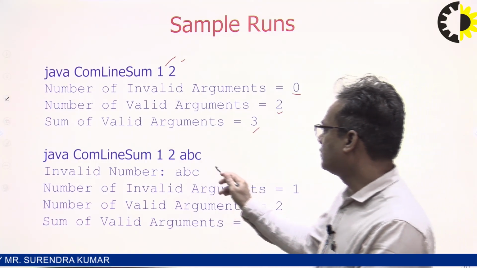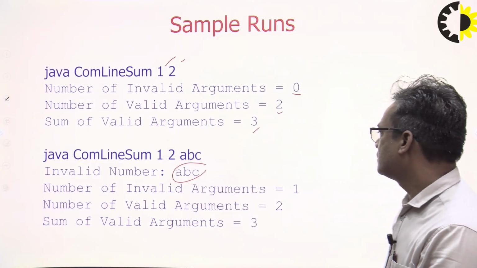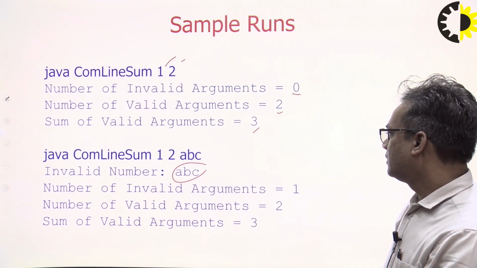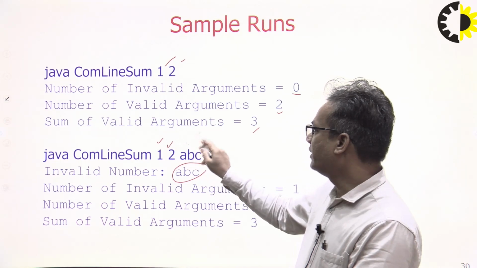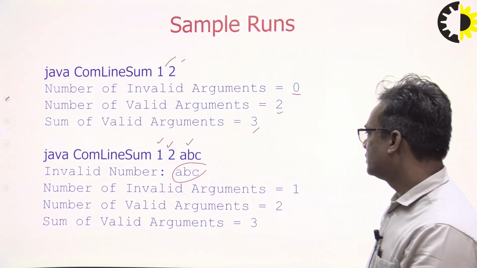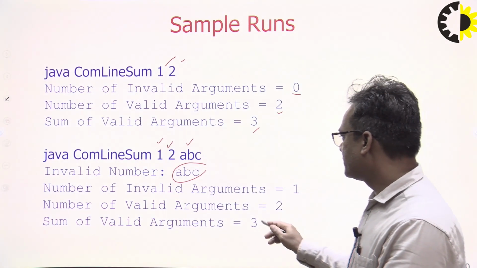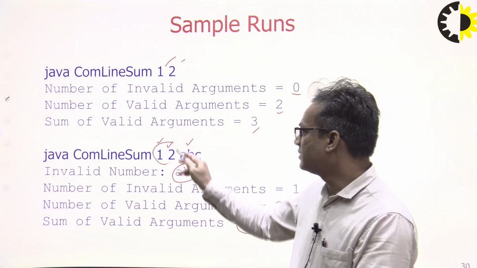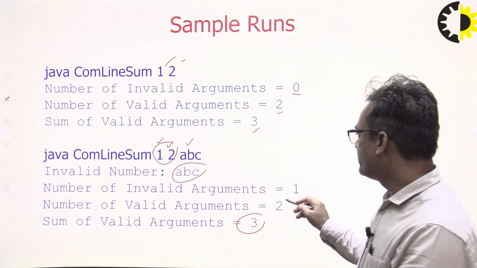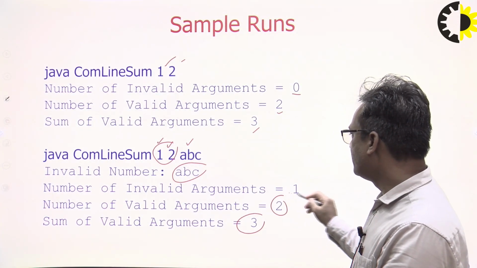Here if you are using ABC, it will give you valid arguments 1, 2 and 3. So there are 3 arguments. The sum of the valid arguments is 3 only, with 2 valid and 1 invalid.